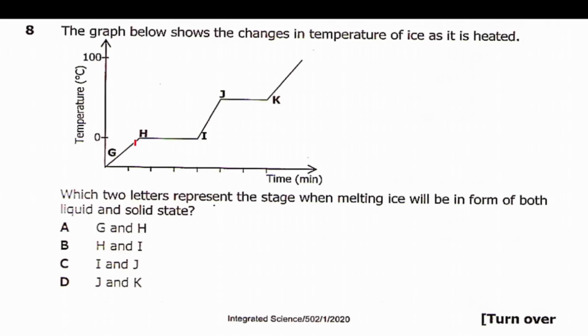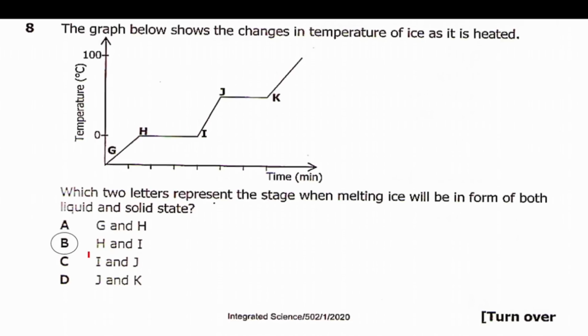So it will be between H and I, because between G and H it will be in solid form. When it reaches 0, which is the melting point, it will be changing from solid to liquid between H and I. So our answer is B.